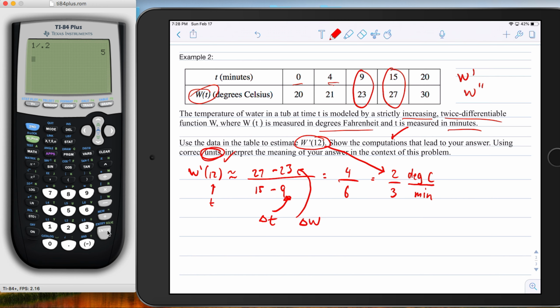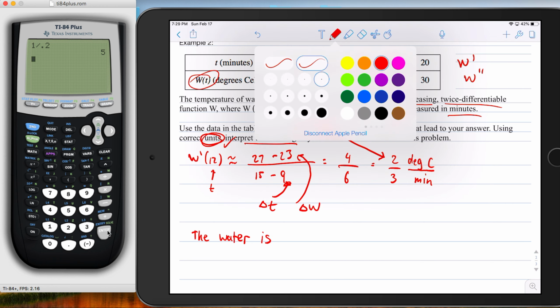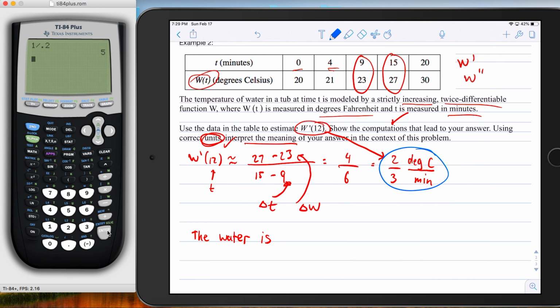Now they also want us to interpret the meaning. So what's happening in this situation? What does this tell us about the water? Now remember, this is W prime of 12, right?